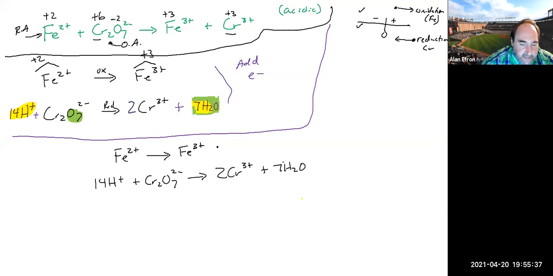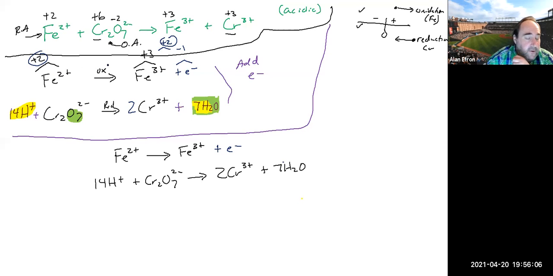And what that means in this case is we need to add 1 electron to the right-hand side. Again, by adding that 1 electron to the right-hand side, that gives me a +3 and a -1, which is a +2. That balances the +2 that we have on the left-hand side. So this equation is balanced in terms of charge. Any questions on that?